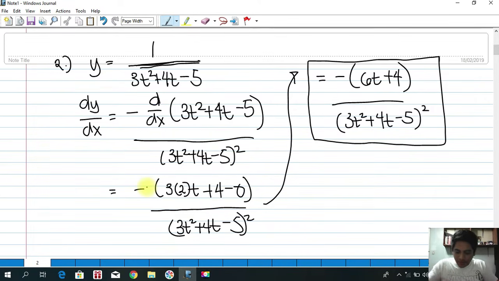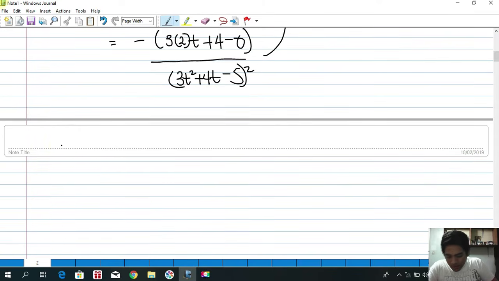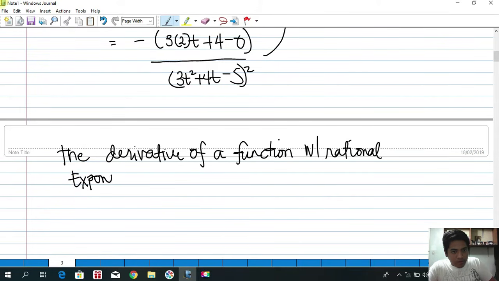Okay? So our next rule is actually the derivative of a function with rational exponents. Many students are kind of scared with radicals or functions with rational exponents.